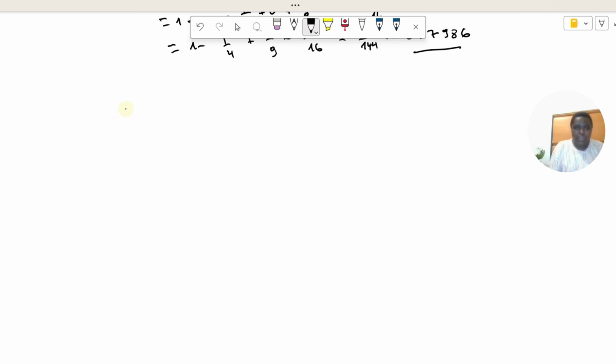So we have our function in E, f of x equal to ln of 1 plus x, and we have written its expression.